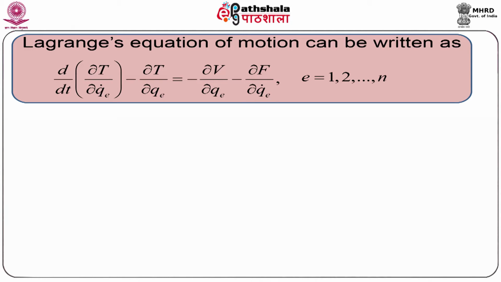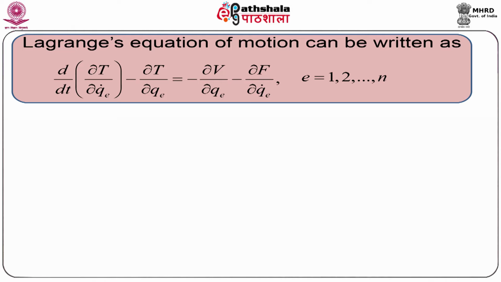Now, Lagrange's equation of motion can be written as d/dt of del capital T del qk dot minus del capital T del qk equal to minus del capital V del qk minus del capital F del qk dot.